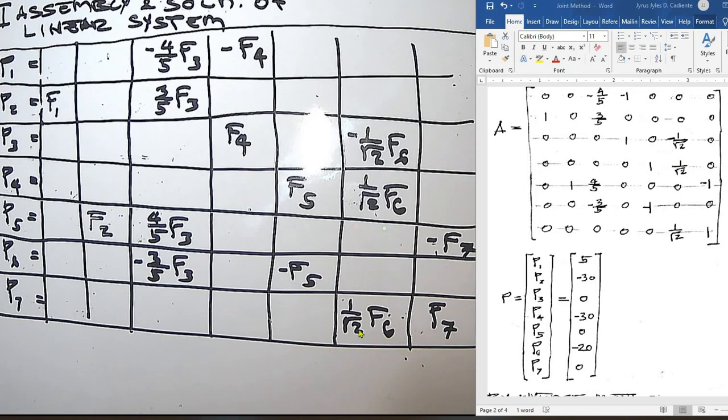Followed by 2 zeros, and then 1 all over square root of 2, which is this. Finally, for your seventh column, which pertains to F7, you have 4 zeros. 0, 0, 0, 0, negative 1, 0, and 1. Negative 1, 0, and 1. So that is your A matrix. Kailangan natin to dahil sosolvin natin yan using Excel.